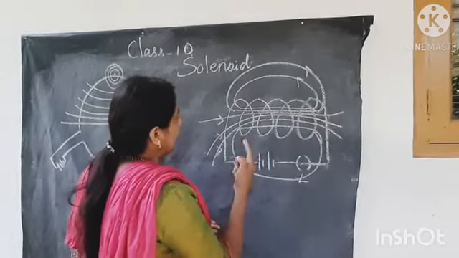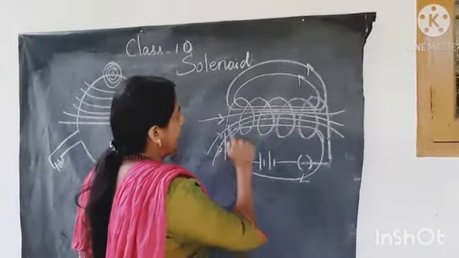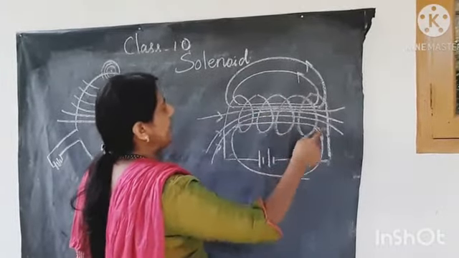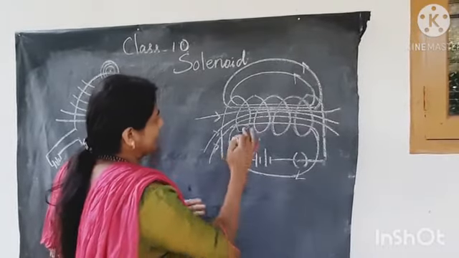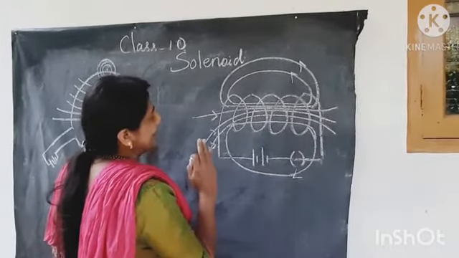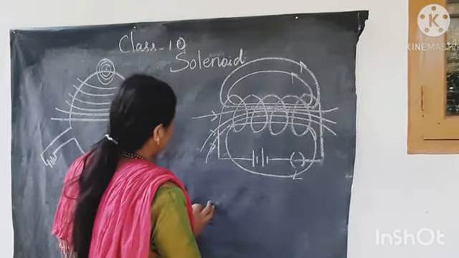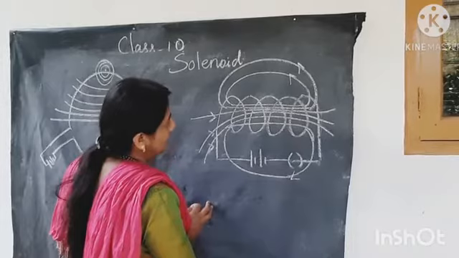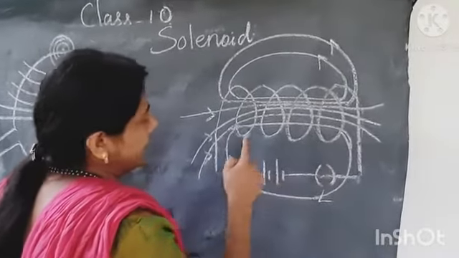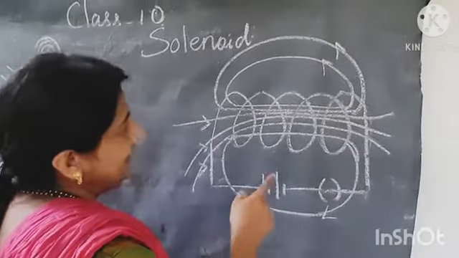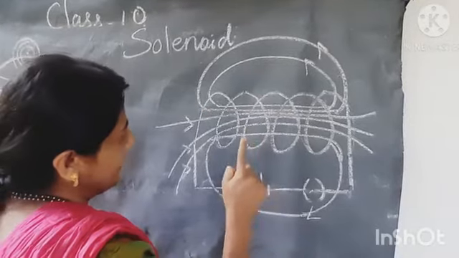You know very well, a current carrying conductor behaves like a magnet. When the switch is on, this solenoid is a magnet. How are magnetic field lines formed inside the solenoid? It is the same as in the case of a bar magnet. In a bar magnet, the magnetic field lines are in the form of closed curves, emerging from the north pole and merging at the south pole, and here also it is the same.